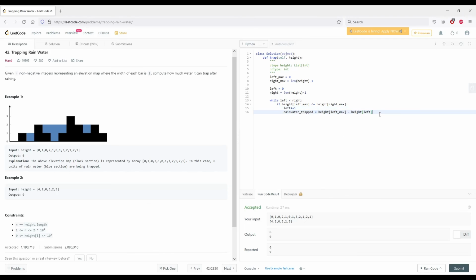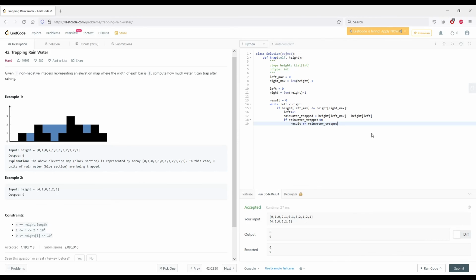And if rainwater trapped is greater than 0, and I need to initialize my result, result plus equals rainwater trapped.